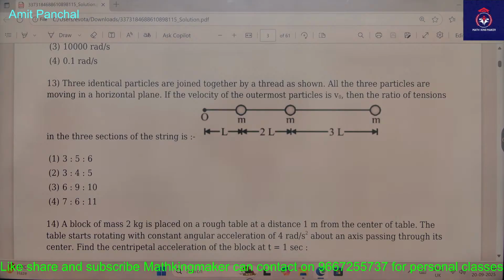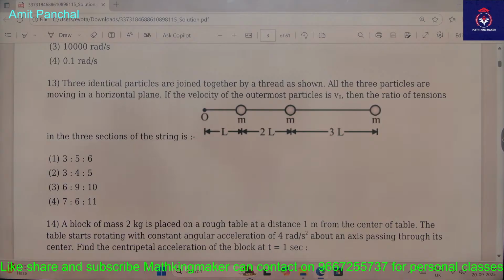How were we finding tension in the previous examples? We use the centrifugal force formula m r omega square. Will we use m r omega square? Why will we use m r omega square?